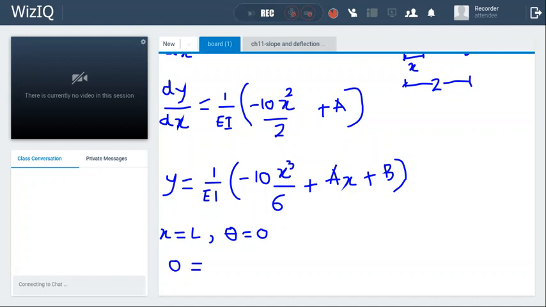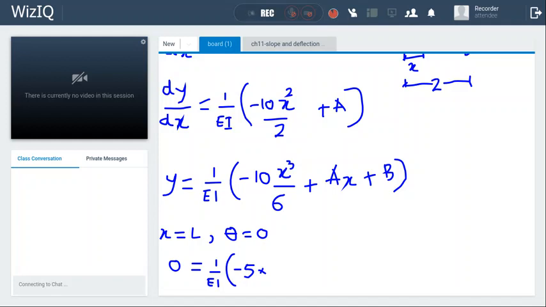So we substitute this value. So L is equal to 2. So here 1 upon EI and this is minus 5 into L square.